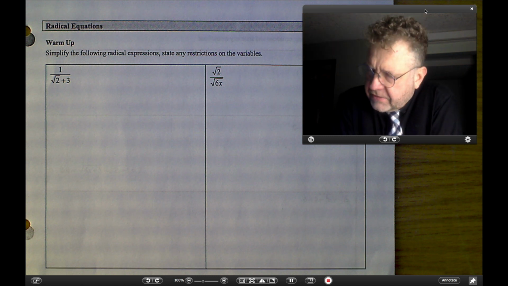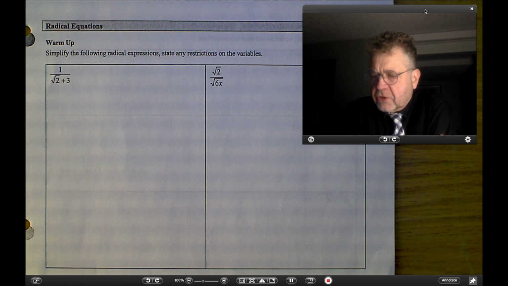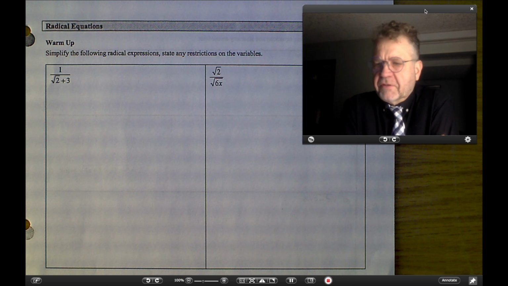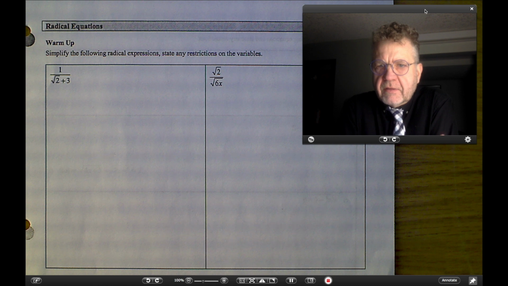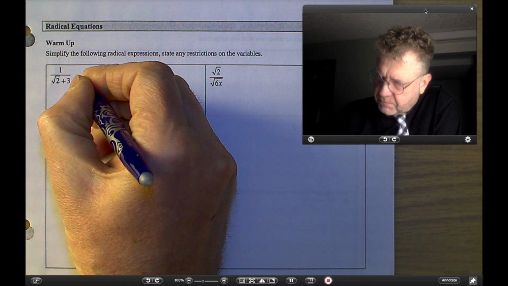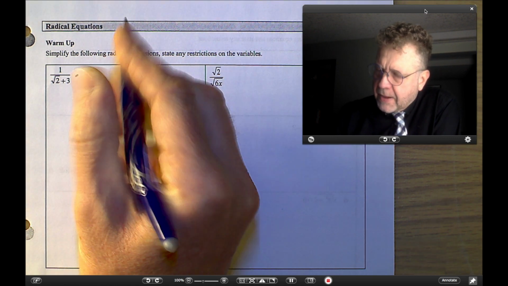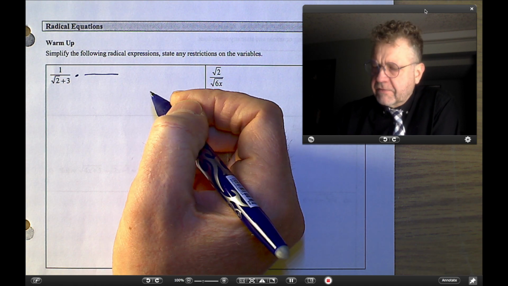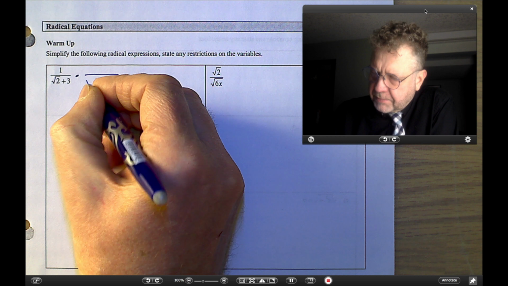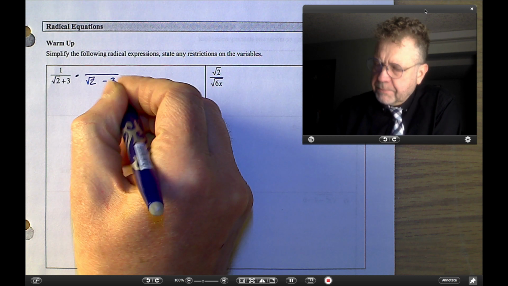All right, so here's an example where we have a radical term plus a number, so a radical plus or minus a number. And remember that the strategy here is to multiply by the conjugate, okay? And the conjugate of root 2 plus 3 is simply root 2 minus 3, all right?